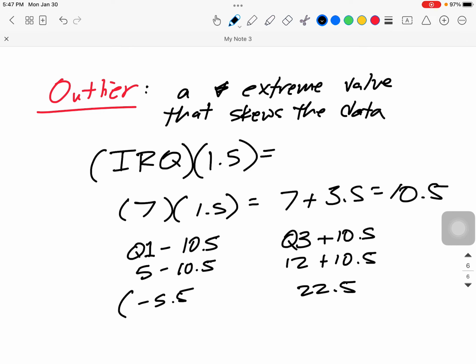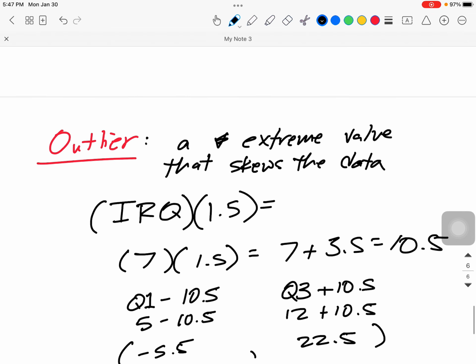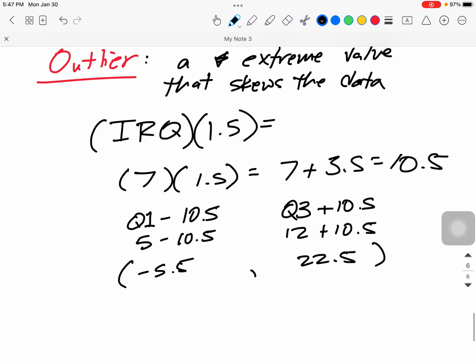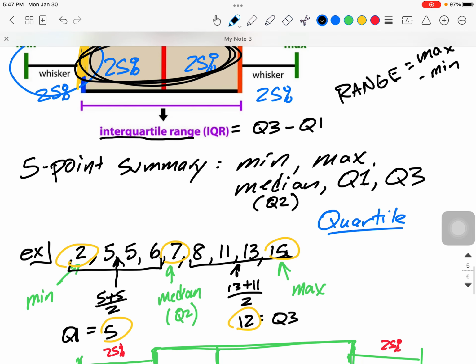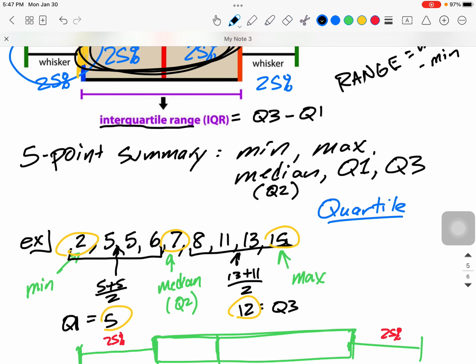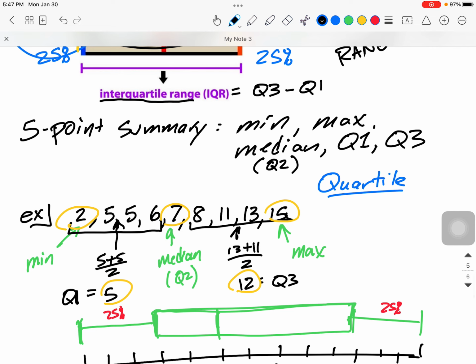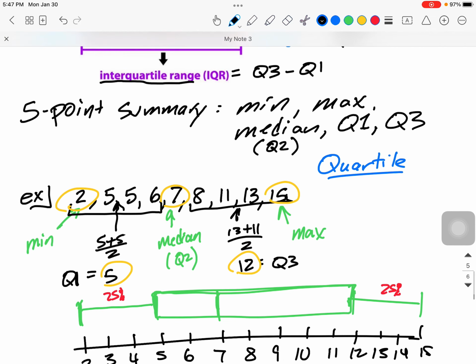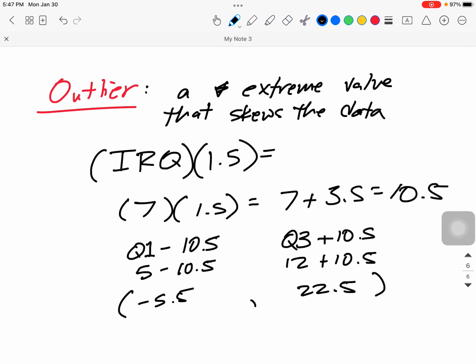What this means as an interval, and this example was good data in the sense of outliers, is that my data ranged from 2 to 15. This was the min and the max.